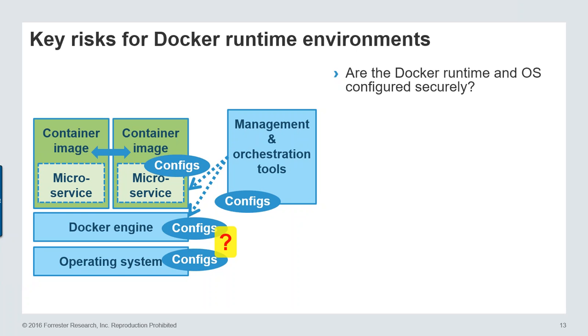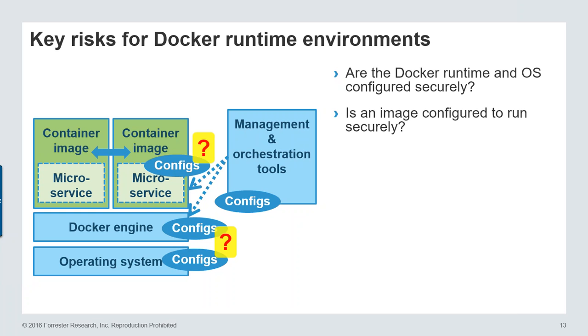Is the operating system appropriately locked down? The Docker engine configured appropriately? Is there monitoring inside so that you can tell whether the code inside a container image inappropriately breaks out of the image and calls down to the operating system level? Variety of security issues there.